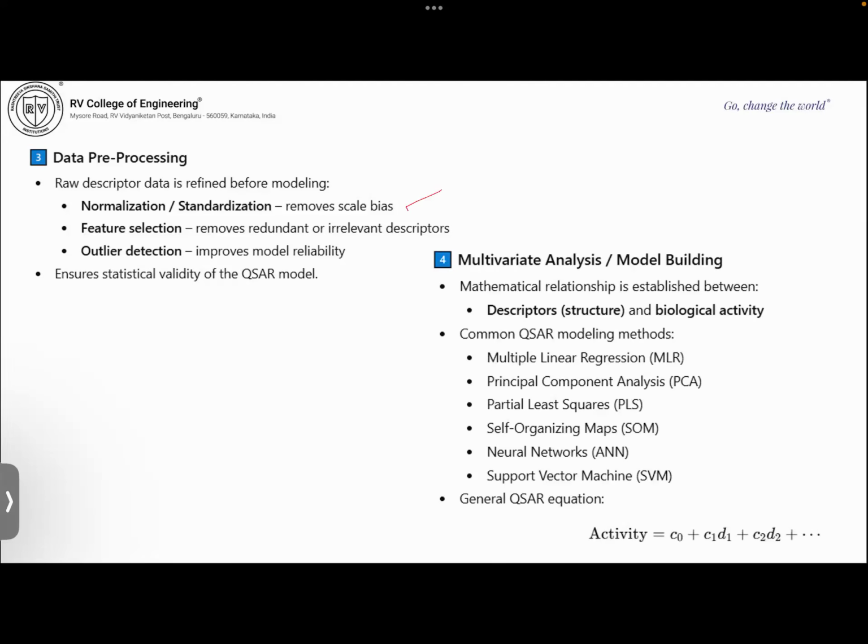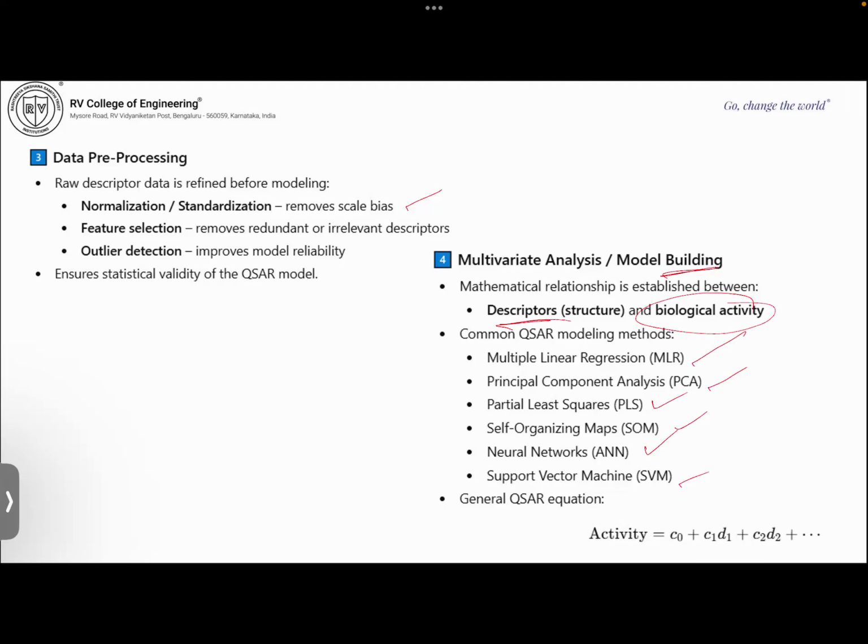Then the fourth one, the multivariate analysis or model building. A mathematical relationship is established between the descriptors and the biological activity. Common QSAR model methods are multiple linear regression, principal component analysis PCA, partial least squares PLS, self-organizing maps SOM, artificial neural networks ANN, and support vector machine.